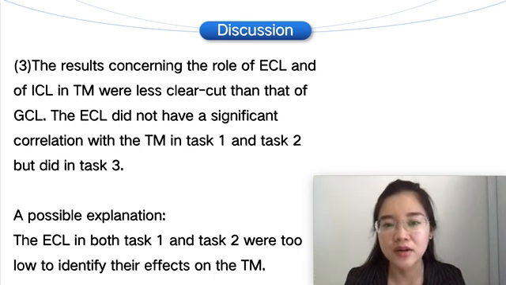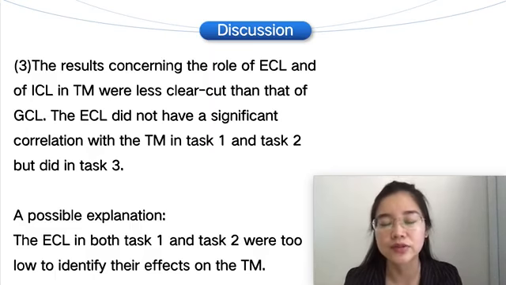The extraneous cognitive load did not have a significant correlation with the task motivation in Task 1 and Task 2, but did in Task 3. A possible explanation may be that the extraneous cognitive load in both Task 1 and Task 2 was too low to identify its effects on the task motivation.